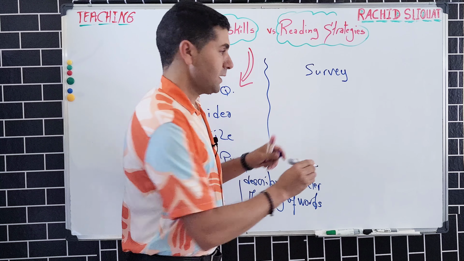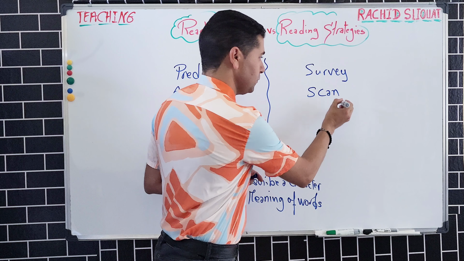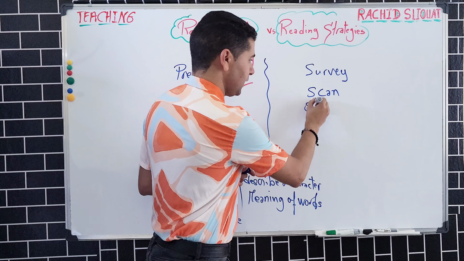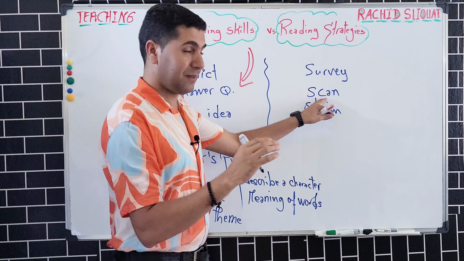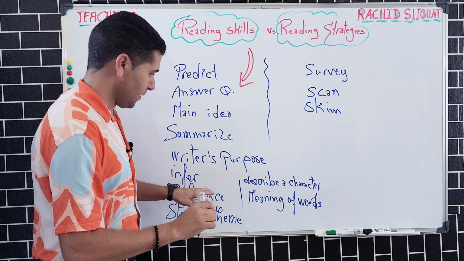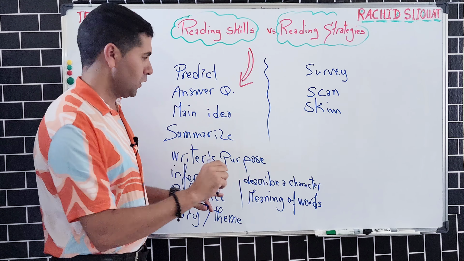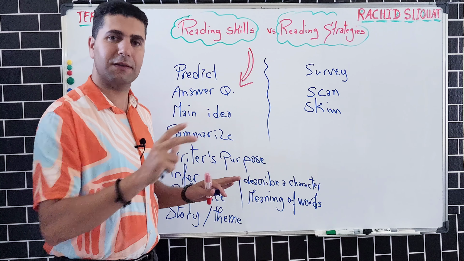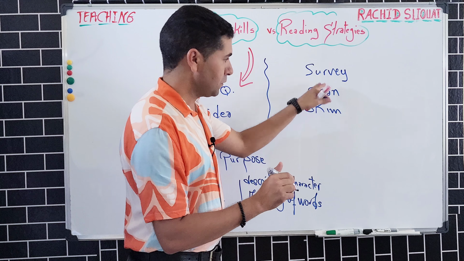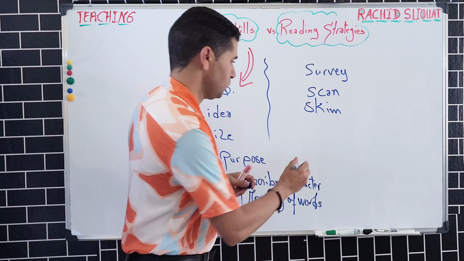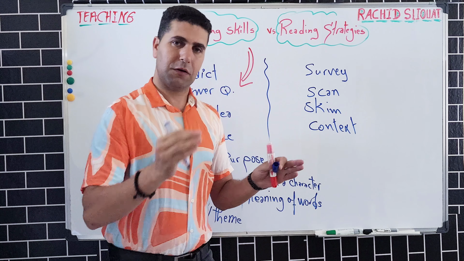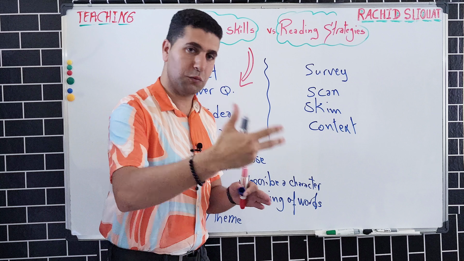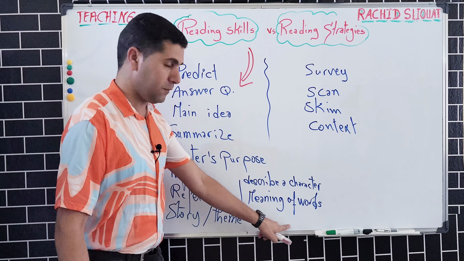They can scan, for example, and they can skim, for instance, skim the text for the general idea. Scanning is very important, for example, to answer questions or to know some details in the text. So this is survey, scan, skim. They can also use the context, to read before the word and after the word, and this is very important for the meaning of words.